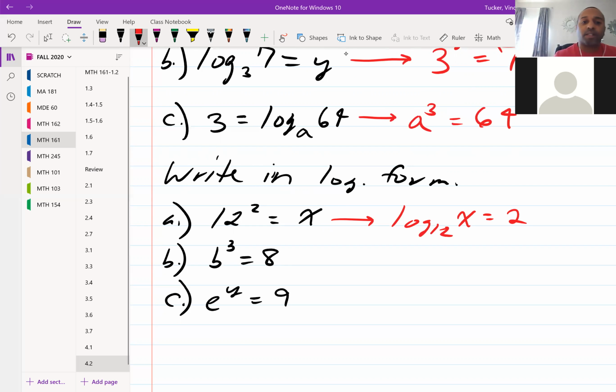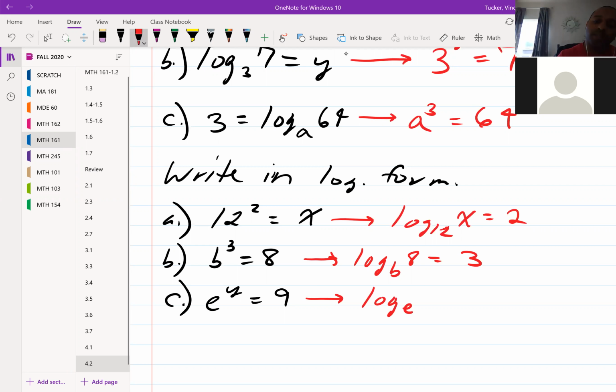So once again, what is next to the 12 in the first relationship should not be next to the 12 in the second relationship. So here is b cubed equal to 8, so this would be log base b of 8 is equal to 3. And here, log base e of 9 is equal to y. All right, questions on those before we go to the next one?